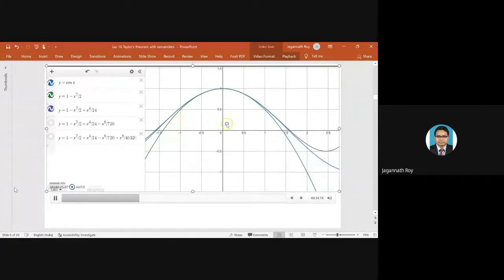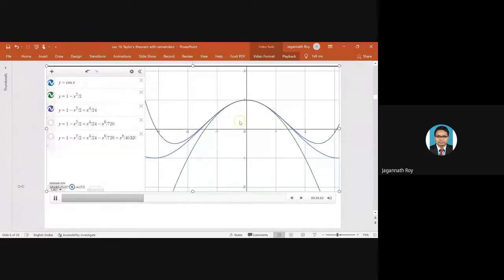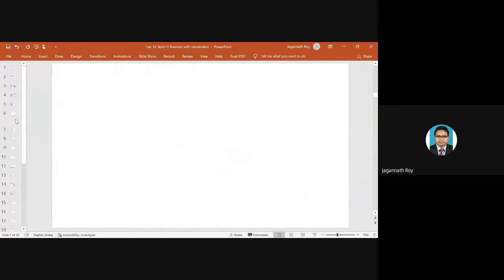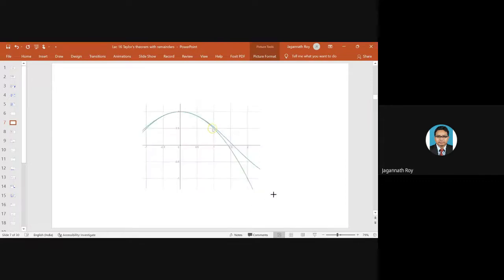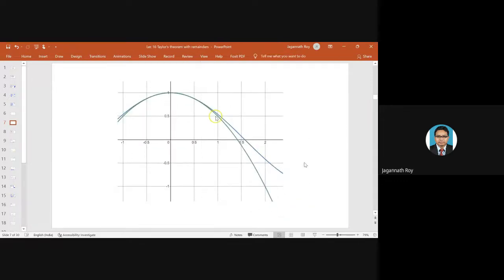Suppose P2(x) is 1 minus x square by 2. So P2 of 1 is 1 minus 1 by 2, which is 0.5, half.